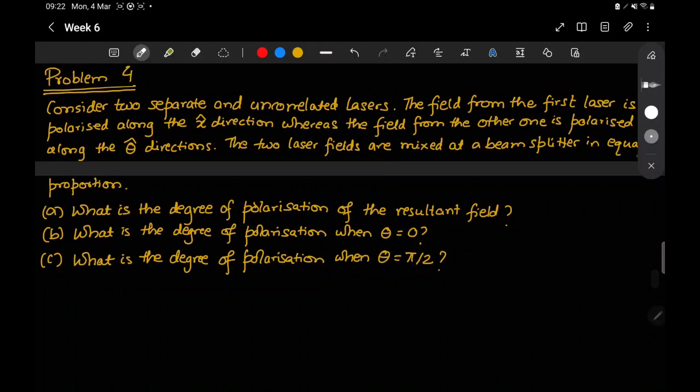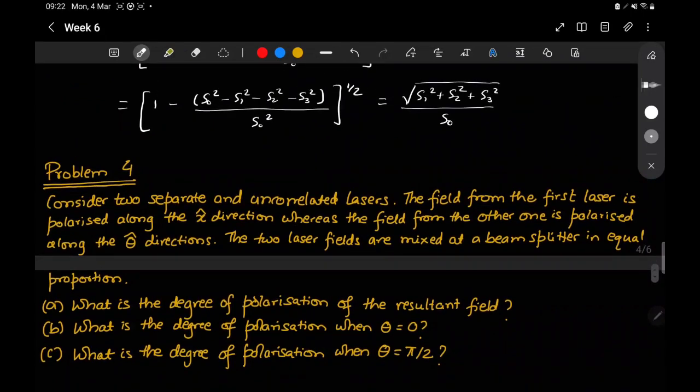Consider two separate and uncorrelated lasers. The field from the first laser is polarized along the x direction, whereas the field from the other one is polarized along the theta direction. The two laser fields are mixed at a beam splitter in equal proportion.